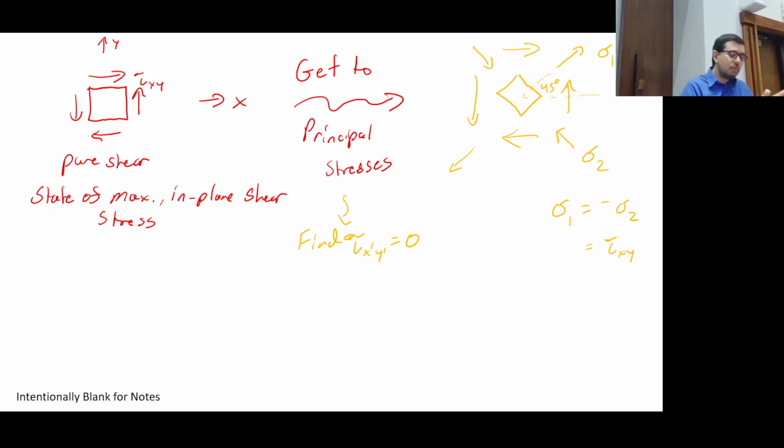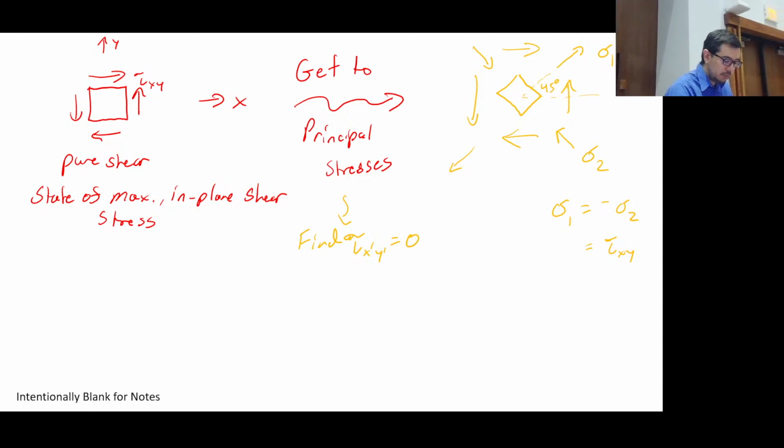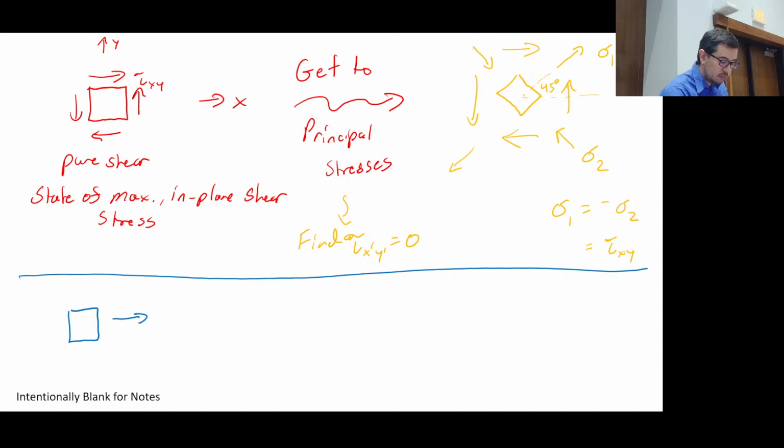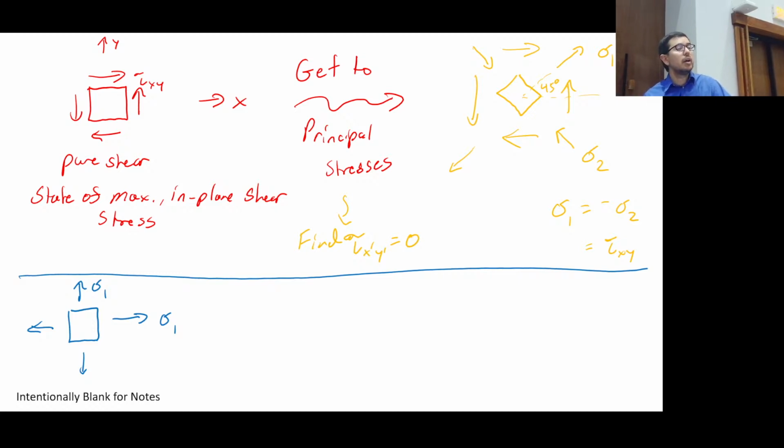If you look at some of the prior exams, you will find that sometimes we play a little bit of a game when we have a state of stress, and we'll talk about this more today, where we have sigma 1, like that. I hope we'll get to it today.